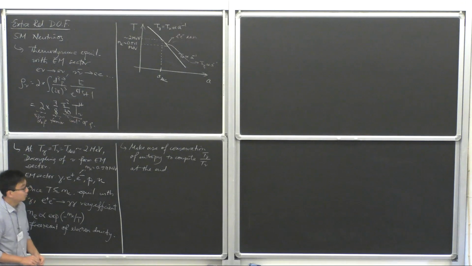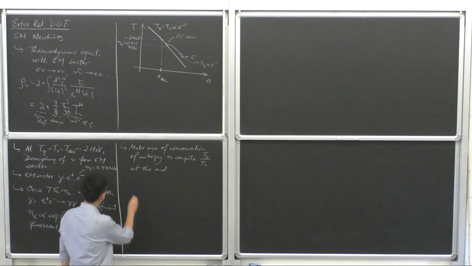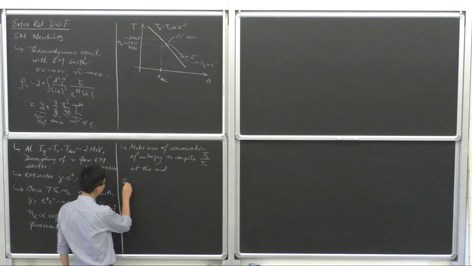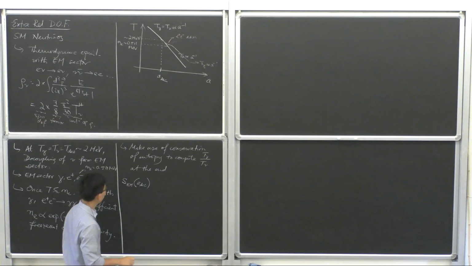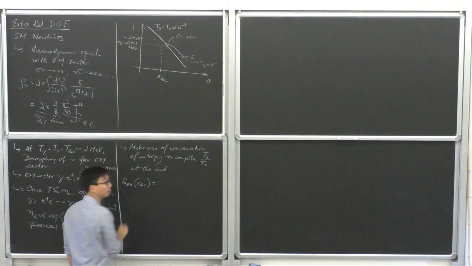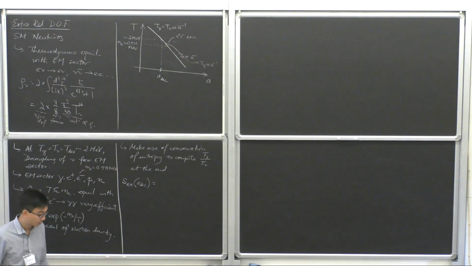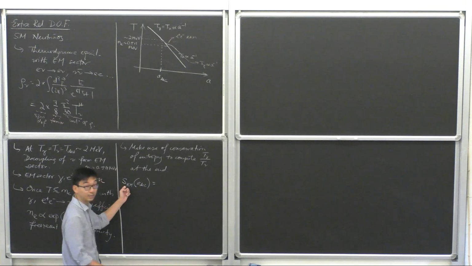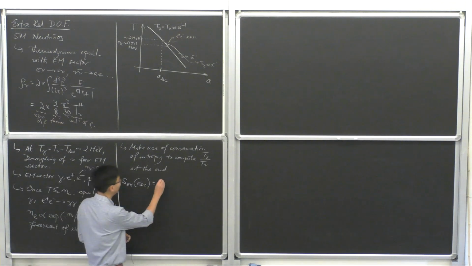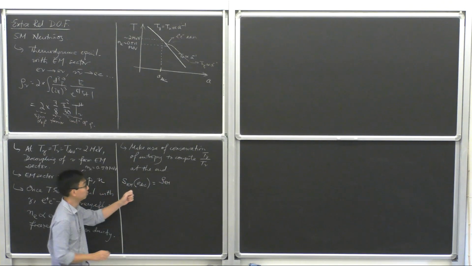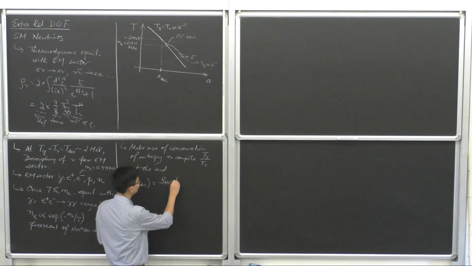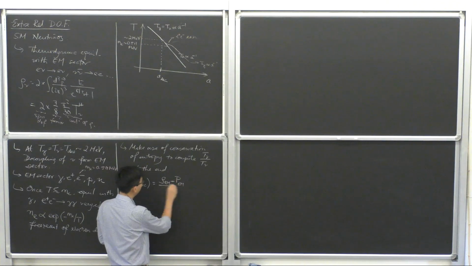Okay? So let's compute the entropy density, s_EM, at decoupling. Open your thermodynamics textbook, you will find that the entropy density of a fluid should be given by the energy density plus the pressure divided by its temperature.